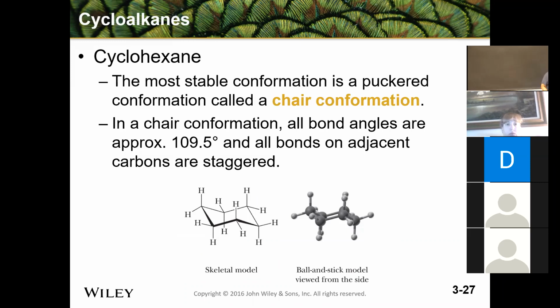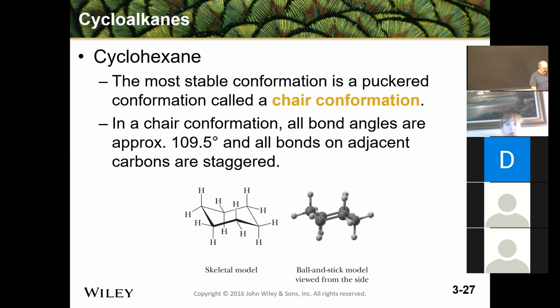The most stable conformation of cyclohexane, the six-membered ring, is what we call the chair. The chair has these four carbons in the same plane. There's one below and then one above. And the chair undergoes a continuous folding and flipping at room temperature.